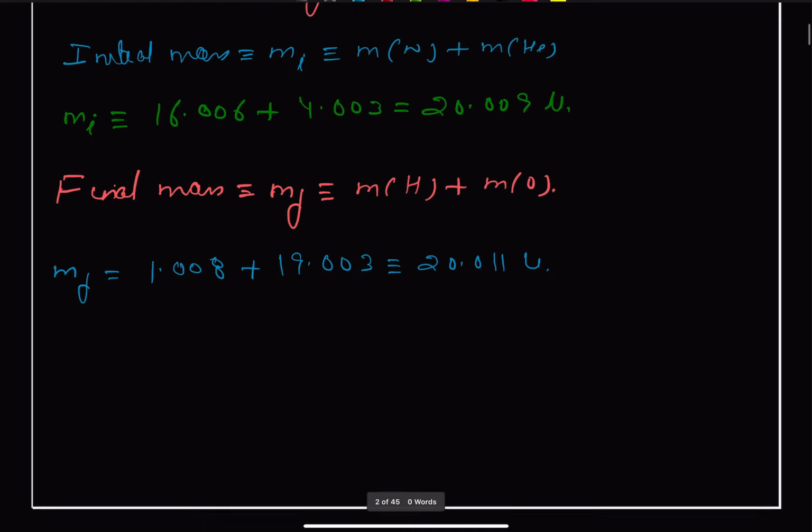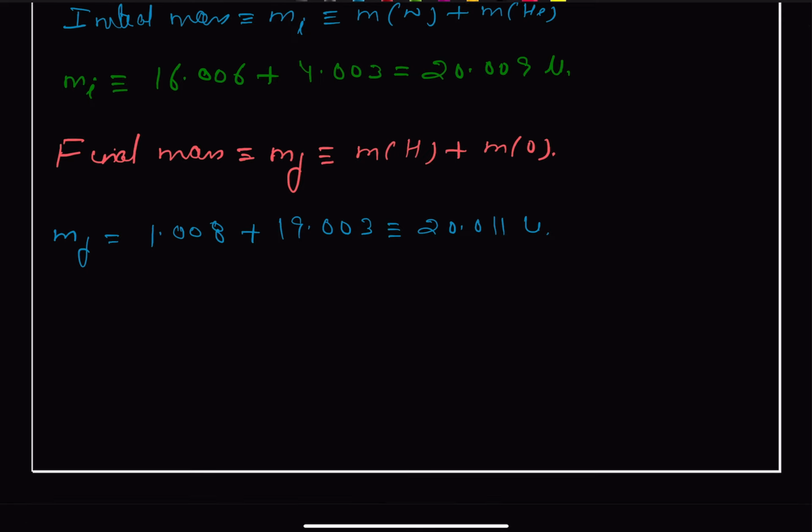Therefore, mass difference, that is delta m, will be equal to our initial mass minus final mass, which comes as 20.009 minus 20.011, and this will be coming as minus 0.002.